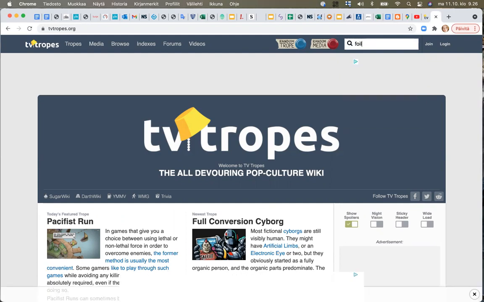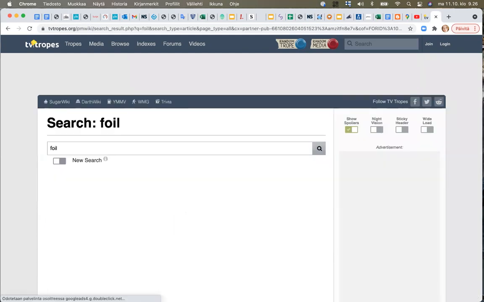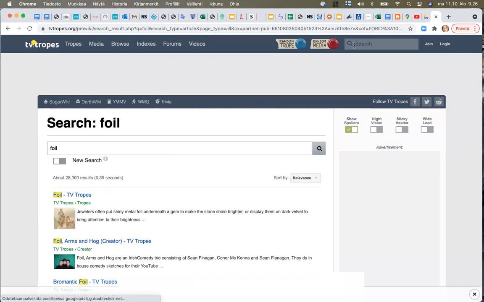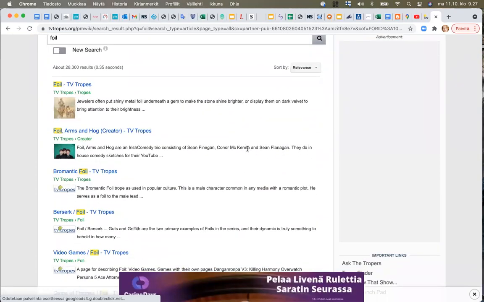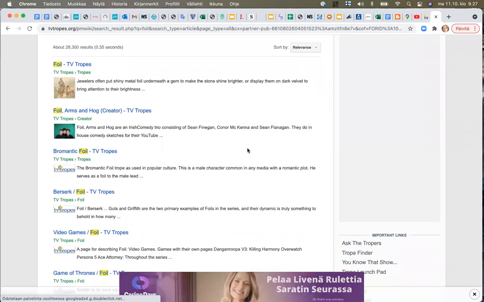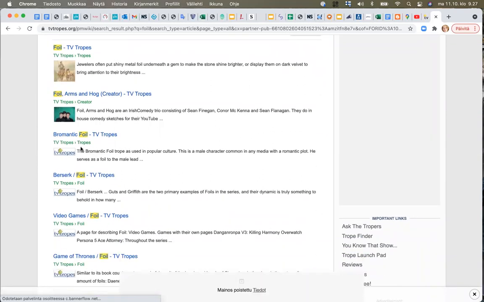What does it say? Romantic foil, Berserk foil. Okay, so you can see that there are many kinds of foils. Okay, there's the first one, foil.